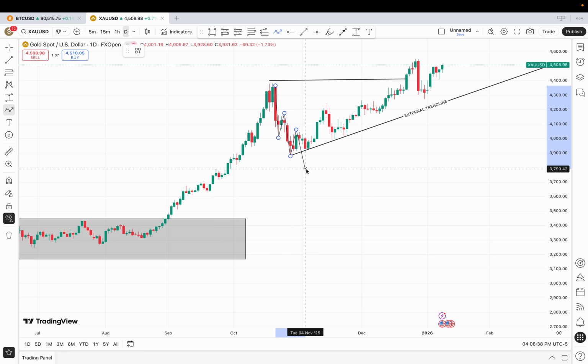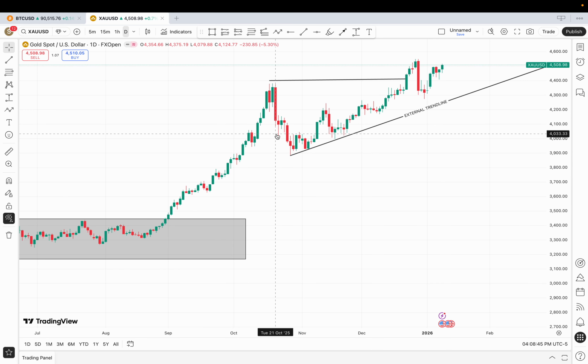It was supposed to form a new lower low, lower high, lower low, but it couldn't. So this is where everything stopped. Let's mark this as our zone of interest.